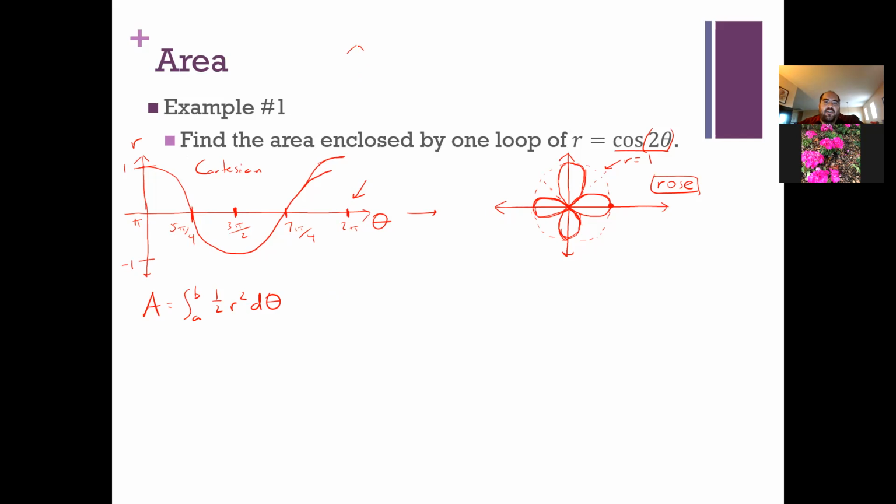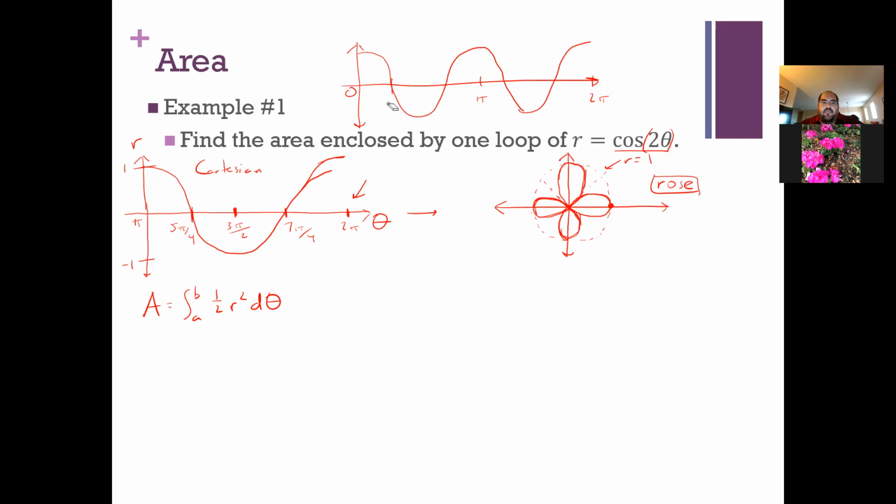So let's do a smaller version of my Cartesian graph up here. Sine. So 0, pi, 2 pi, pi over 2.